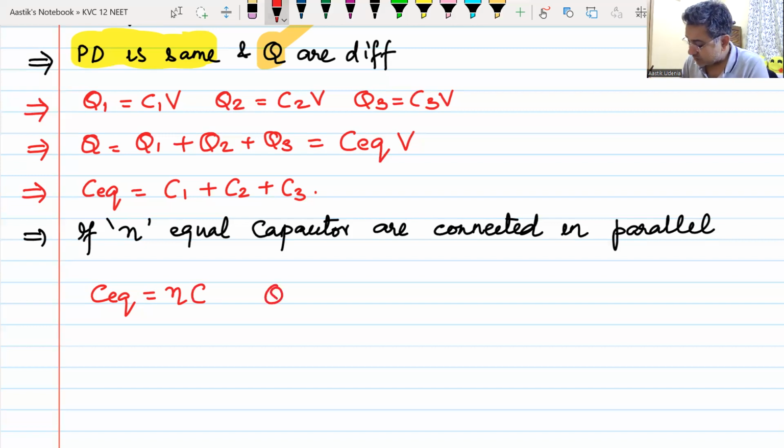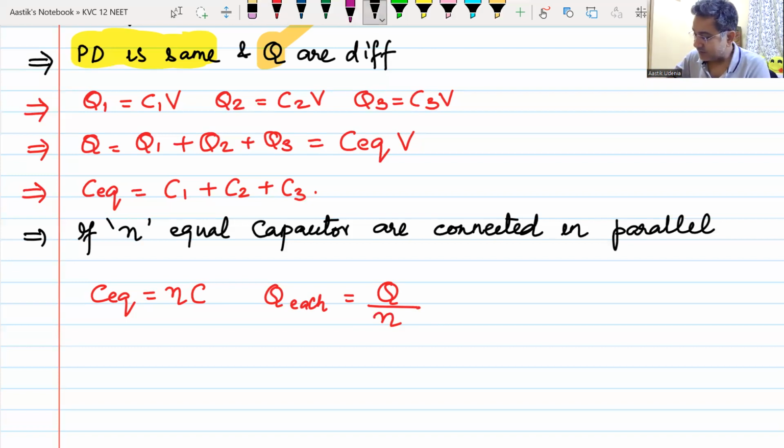And the charge coming on each capacitor will be total charge Q divided by N. Yes or no? So charge will also be equal in this case. Do we understand this better? Yes, sir.